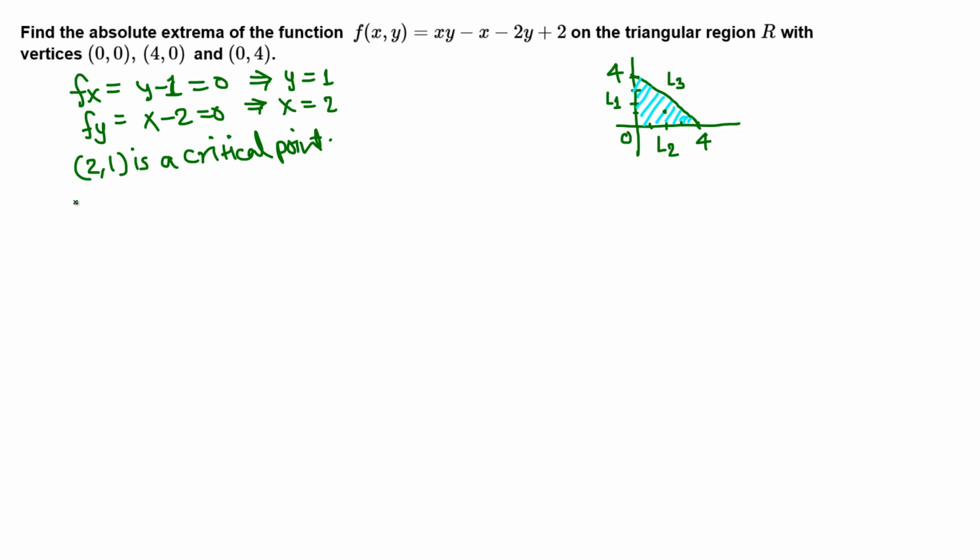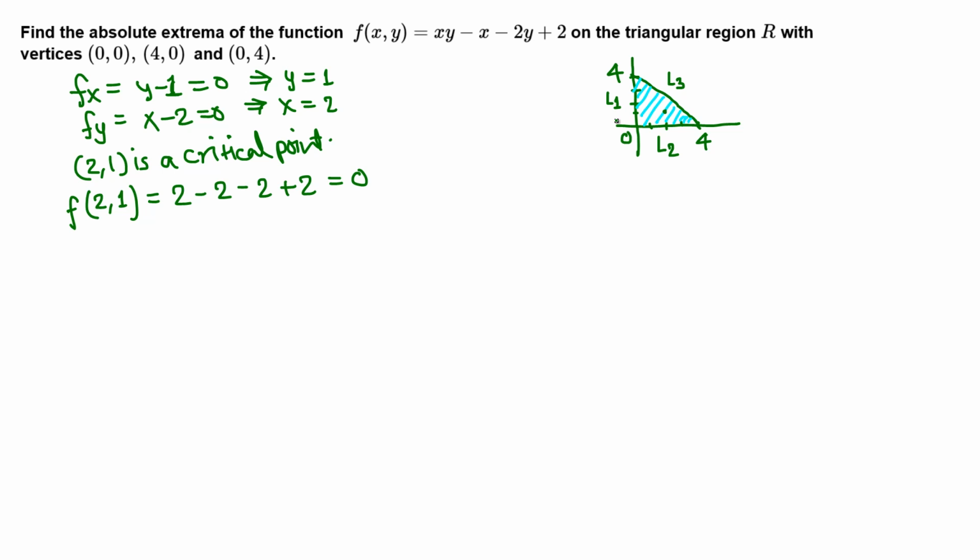The function value at (2, 1) is just plugging in x equals 2, y equals 1, so 2 times 1, minus 2 times 1, plus 2, and this is just 0. So we got a function value 0 at the critical point. Next, we need to evaluate this function at the boundary of this region.